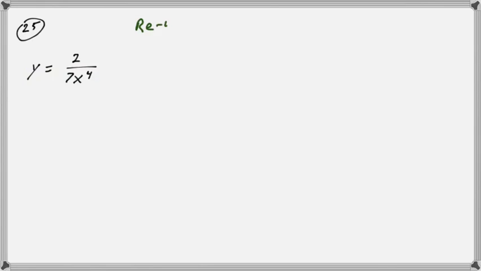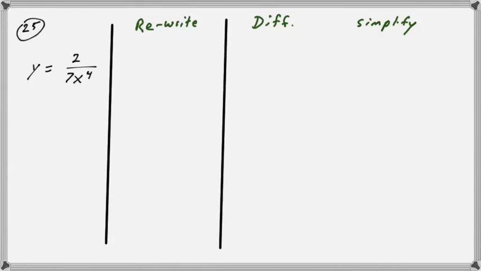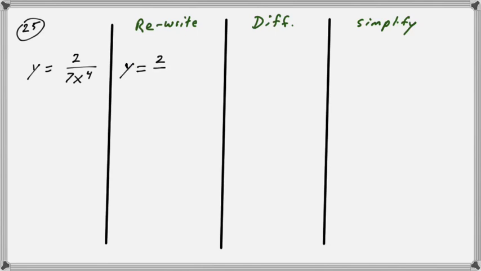It's important to follow this process on this group of problems or in general. Rewrite, find the derivative or differentiate, and finally simplify. So since this is a process, I might separate each column. Can I rewrite this as 2/7 and call it x to the negative 4? Is that equivalent?